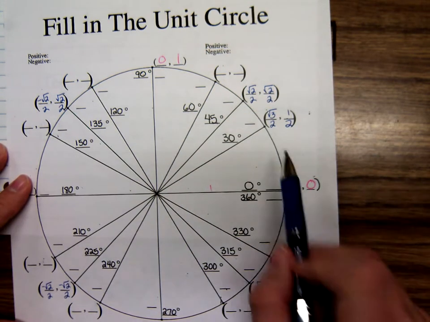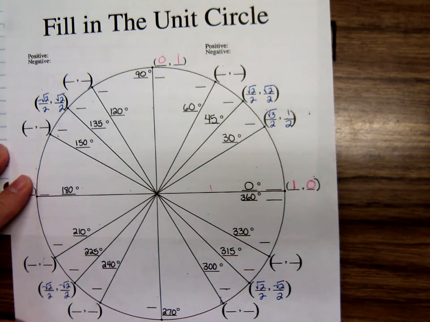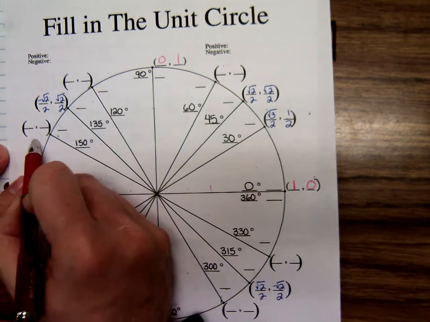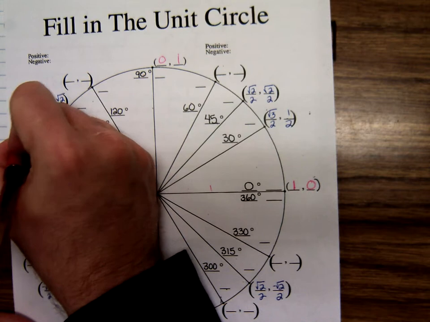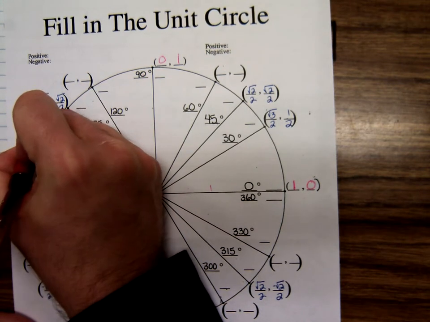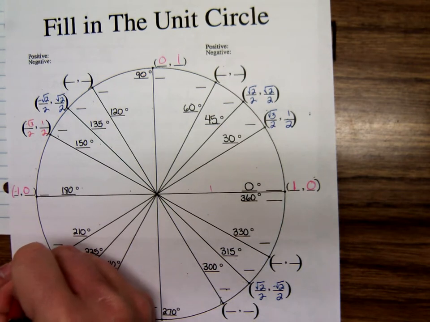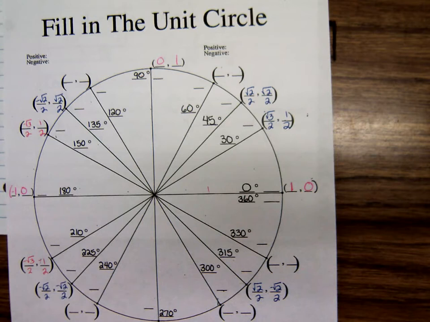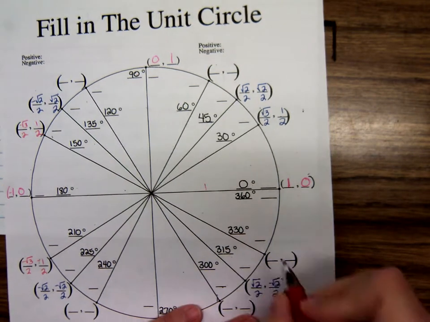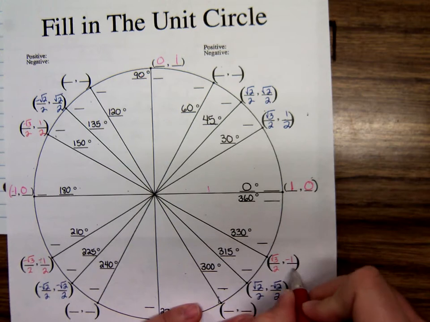So we're going to take these same ordered pairs and move them around. Over here in quadrant 2, x is negative, y is positive. In quadrant 3, they're both negative: negative square root of 3 over 2, negative 1/2. In quadrant 4, x is positive, y is negative.